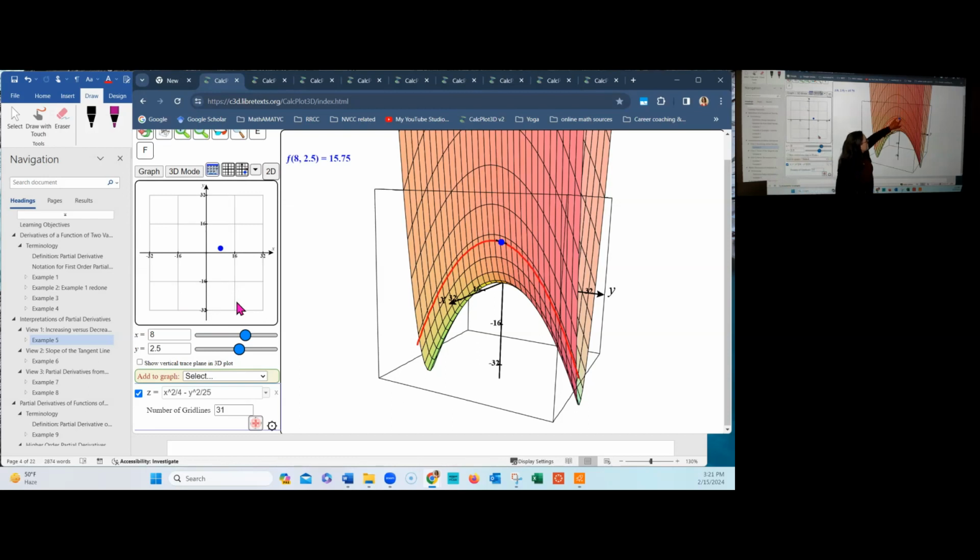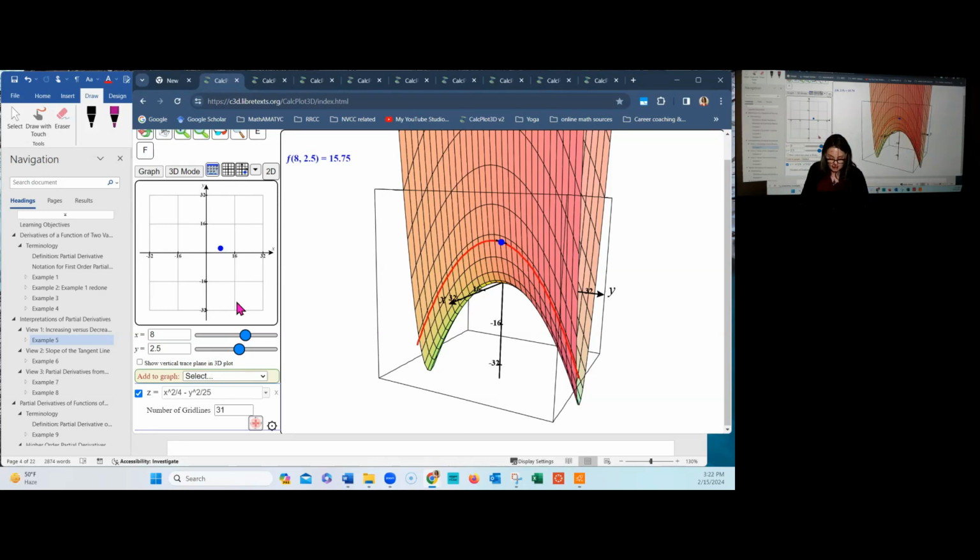Notice at this point that the line does have a negative slope, but it's relatively small. It's not nearly as steep as the partial with respect to X. This trace is going to be parallel to the y-axis, which is running in this direction.